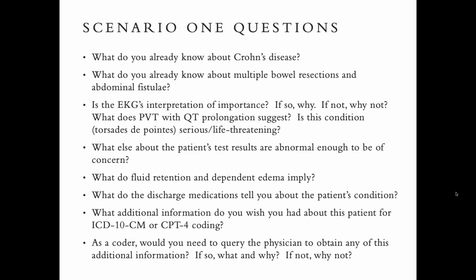Because it looks like in this case we have two opportunities for query. We have the EKG and the PVT with QT prolongation. We also have the severely abnormal protein, which may be associated with that chronic malnutrition.